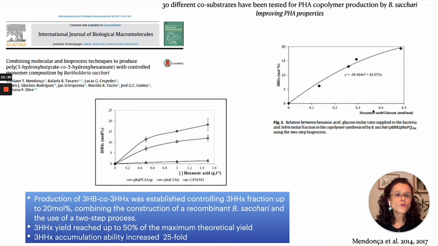And also, when we varied the ratio of hexanoic acid and glucose, we could have different molar fractions of C6, and we reached up to 50% of the maximum theoretical yield, and C6 accumulation ability had a 25-fold increase.